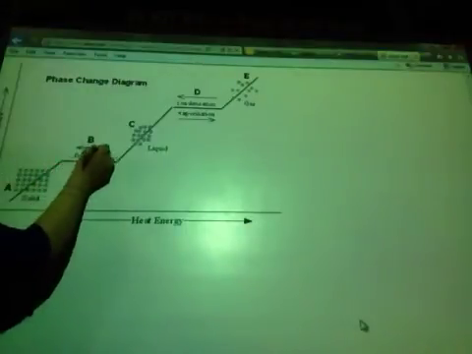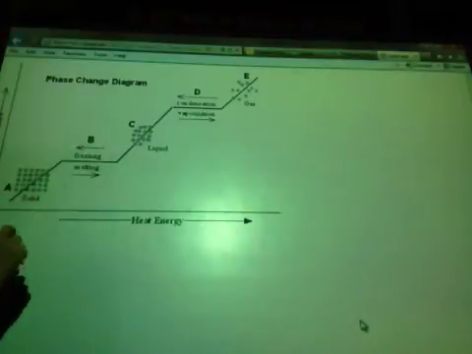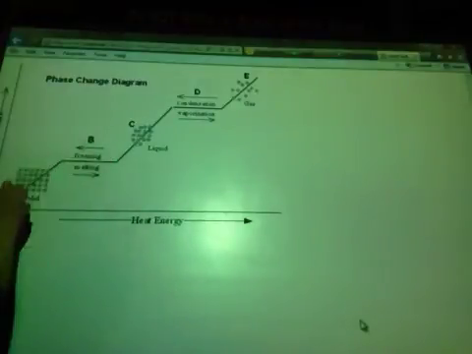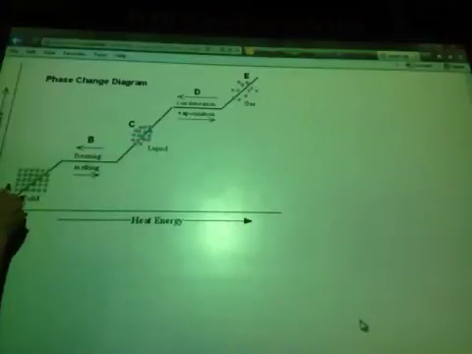And that is where my intermolecular attractions in this case are becoming stronger, because I'm giving this energy up to the surroundings. So because of that, I can form from a liquid into a solid.